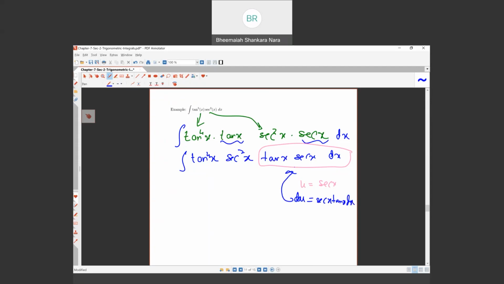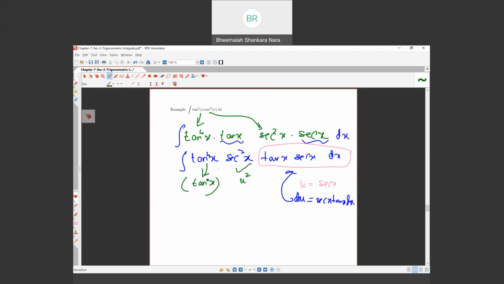And now I have a plugin for secant, which means this term can be written as u square. And if I want to use the same u plugin here, I want to rewrite this tangent to the 4. Let me write this as tan square x, the square.